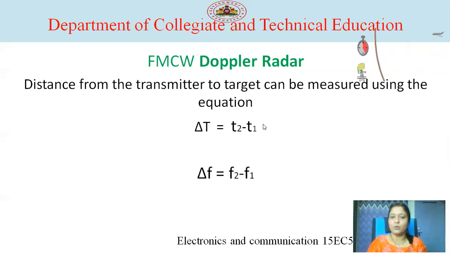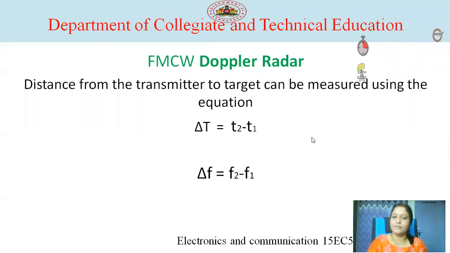Now, how do we mark T2 and T1? If, instead of a continuous signal, we have a frequency modulated signal, then we can easily mark their frequencies: at what frequency the signal is radiated from the radar station towards the target, and at what frequency the echo signal is coming back.